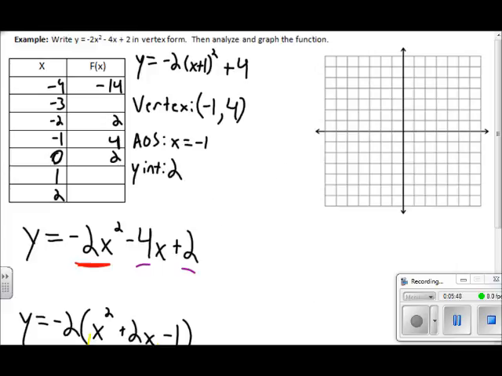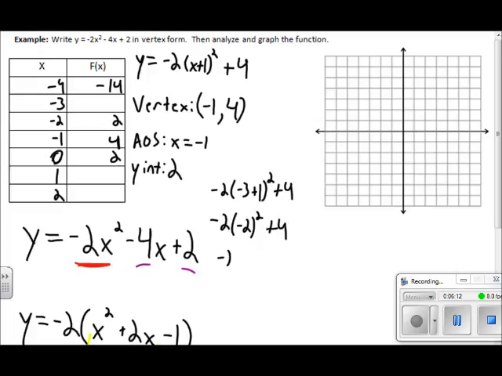Clear this up, give us some more area to work. If we plug in negative 3, say plus 1 squared plus 4. So again, we're just plugging it directly into our equation from up here. Now we say negative 2 times the amount negative 3 plus 1 would be negative 2 squared plus 4.